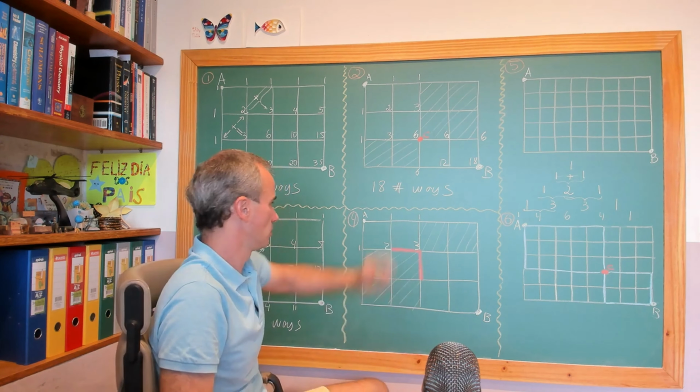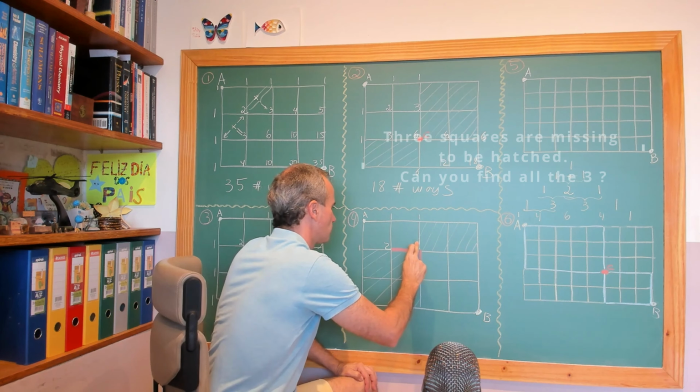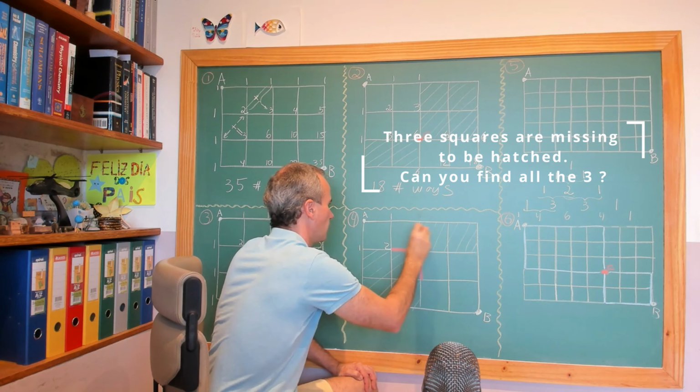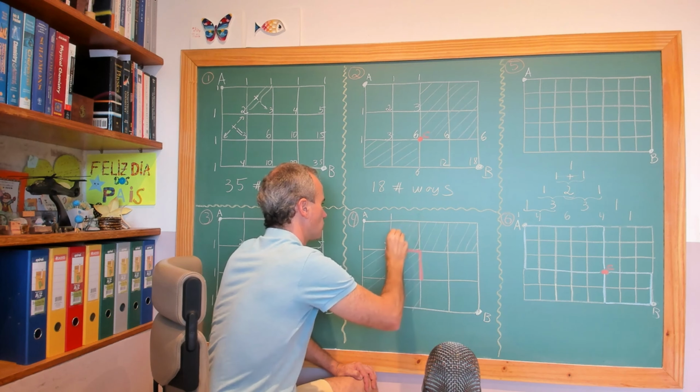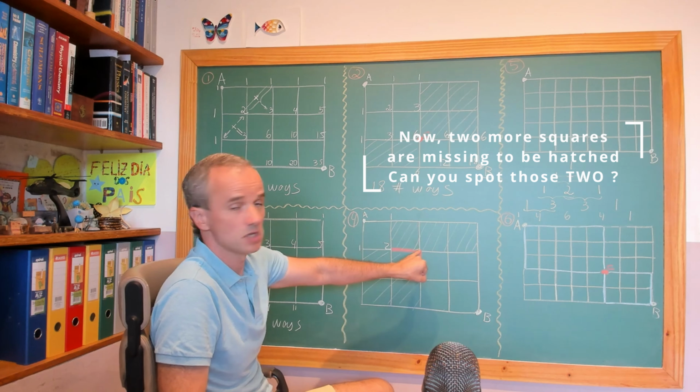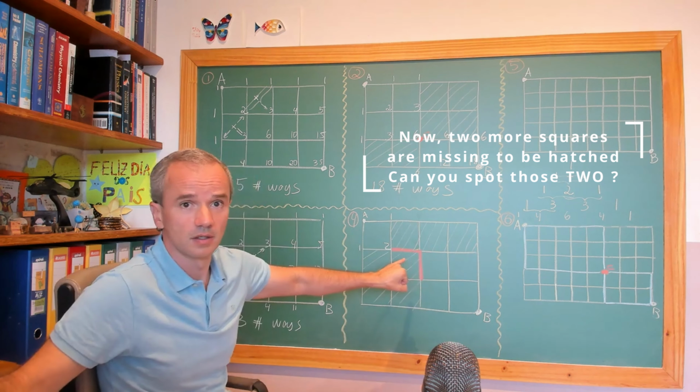Oh, no, it's wrong. Why is it wrong? No, no, no. I cannot choose this one. I have to dash this one as well. Why is it wrong? I cannot go into this knot. Why? Simple.